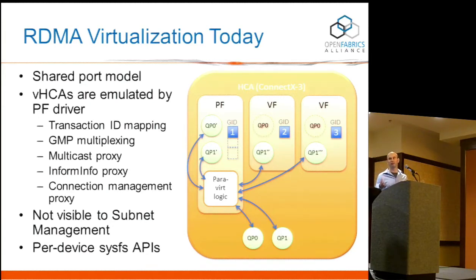So it's kind of like what the Linux kernel does to multiple processes and applications. Instead of getting called by function calls, we get called by MADs. So in this case, when the second function joins the group, this para-virtual logic is going to artificially generate a GMP response to that VF as if it was received from the SM.